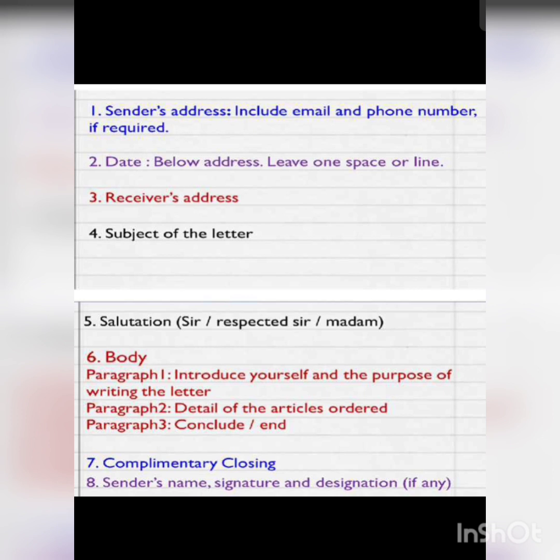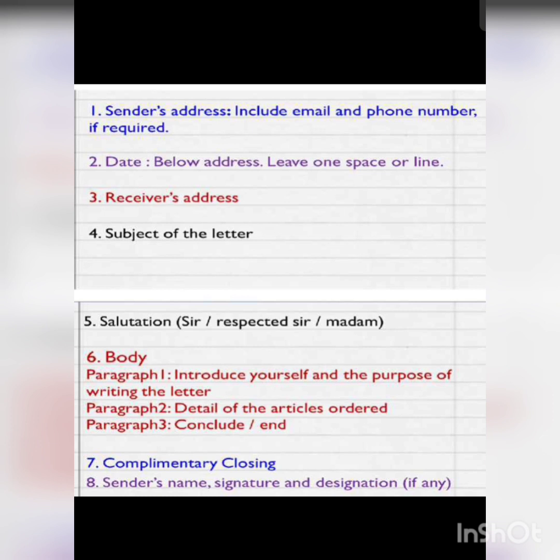In this body, we are going to write the message which we want to give. In the first paragraph, we have to write about ourselves, our name, and then why we have written the letter. Then in the next paragraph, you have to write the details of articles ordered.